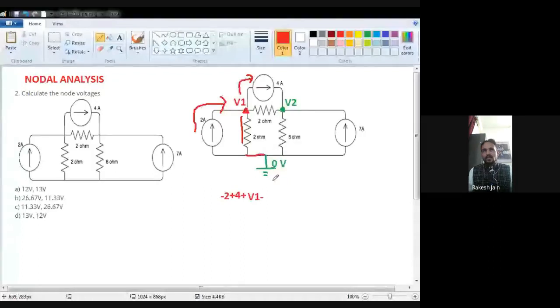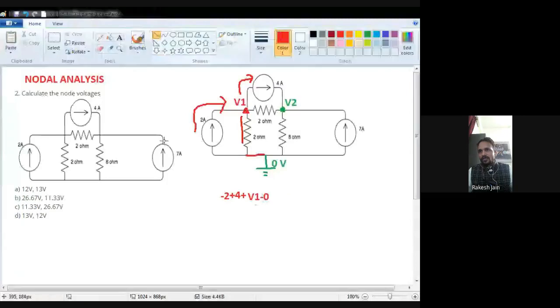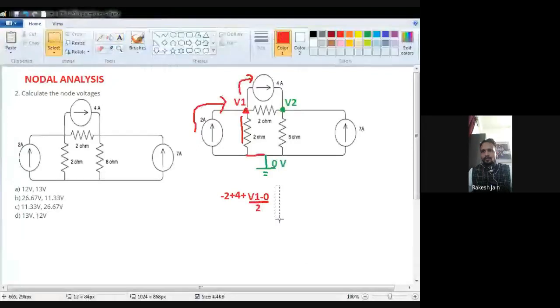This 2 ohm resistance is connected directly here, so it is 0 volt actually. So I have to write down -0. Then divided by the resistance value. What is the value of that resistance? The resistance is 2 ohm. So divided by 2.